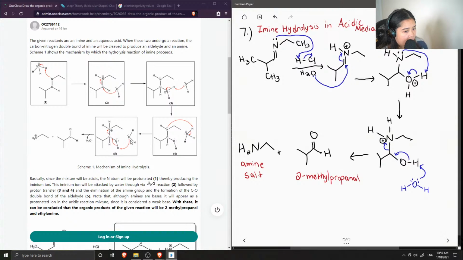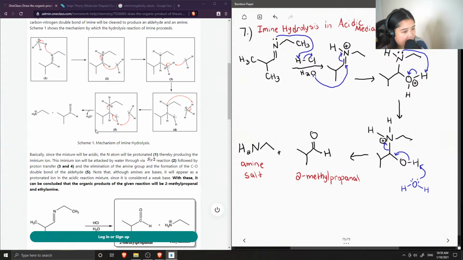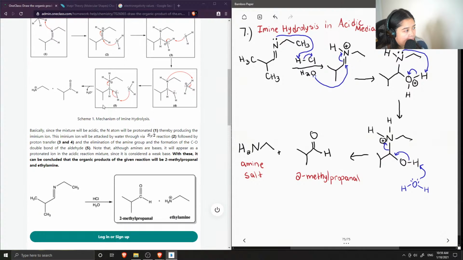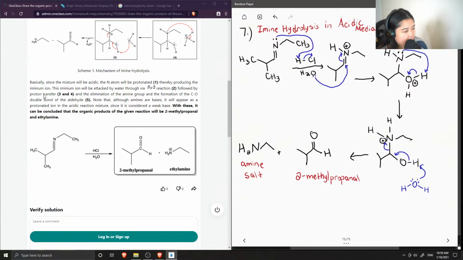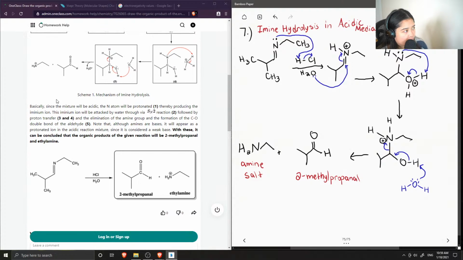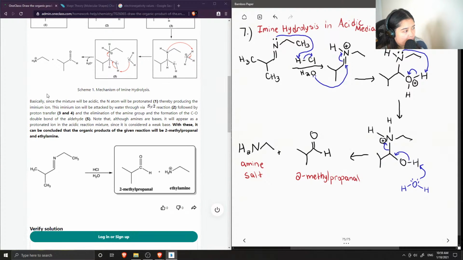And then they have another water coming in to take the hydrogen from the alcohol group, forming the aldehyde and forming H3O+. And then they have their final products.